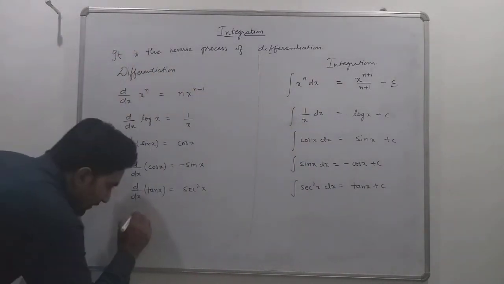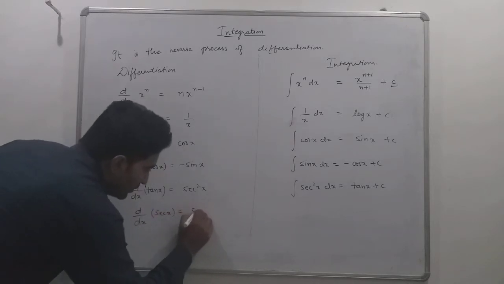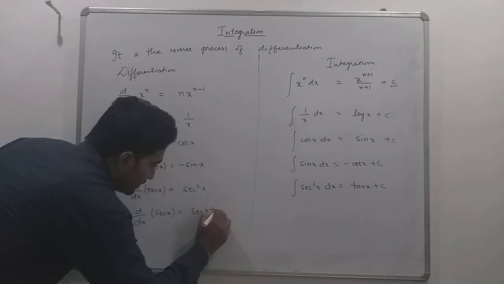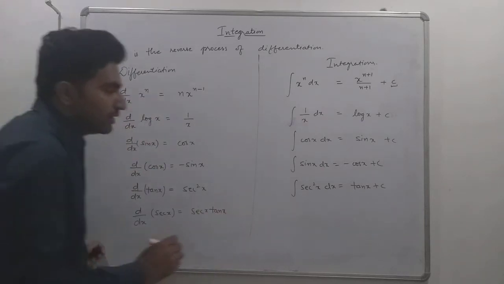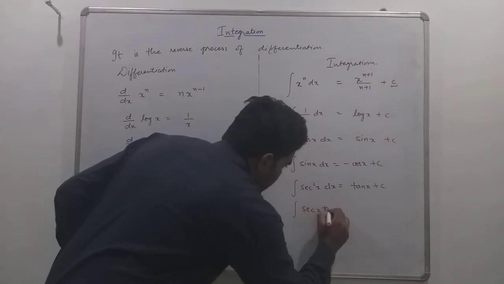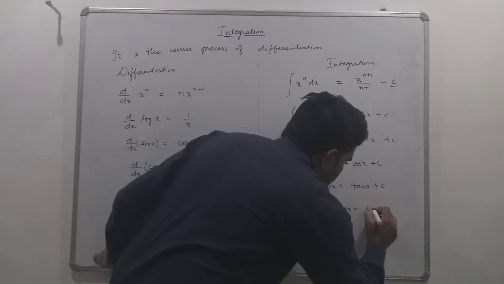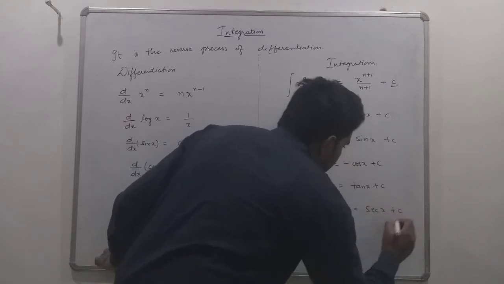And the differentiation of secant x is equal to secant x tangent x, and the integration of secant x tangent x dx will be equal to secant x plus c.